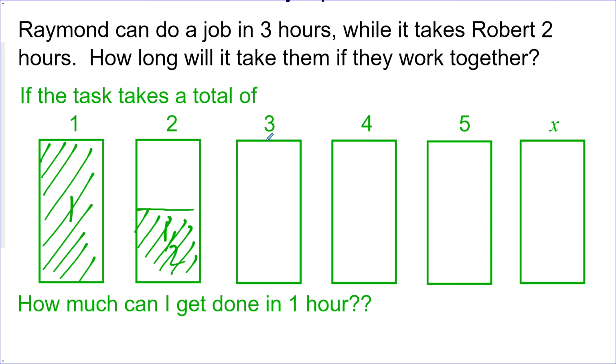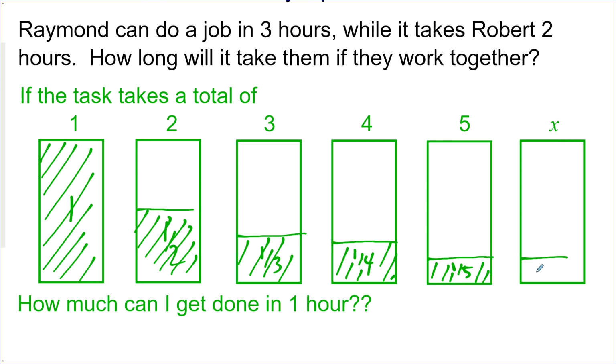If the task takes 3 hours, then you're going to get a third of it done. If the task takes 4, then a fourth. And if the task takes 5 hours, in 1 hour you'll get done a fifth of it. If the task takes x hours, you will get 1 over x of it done.